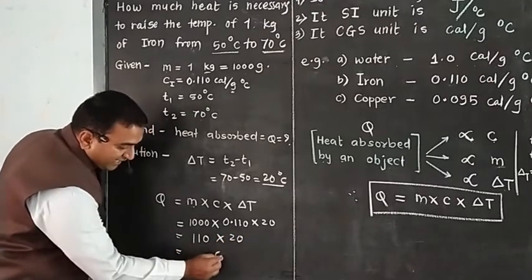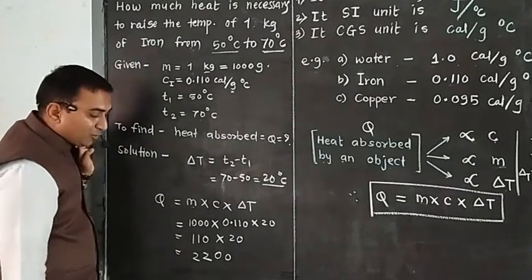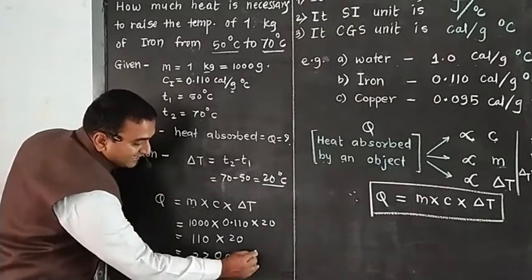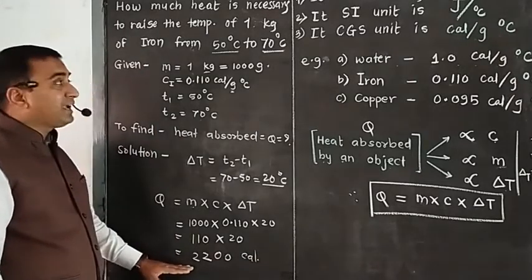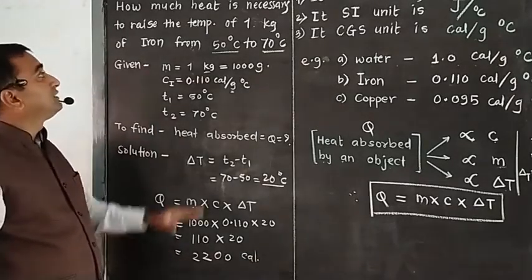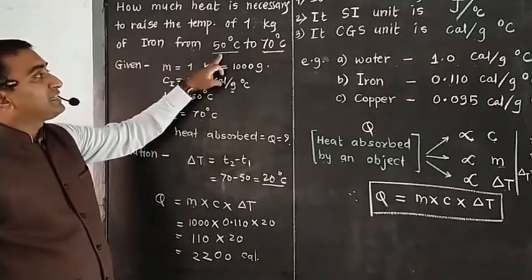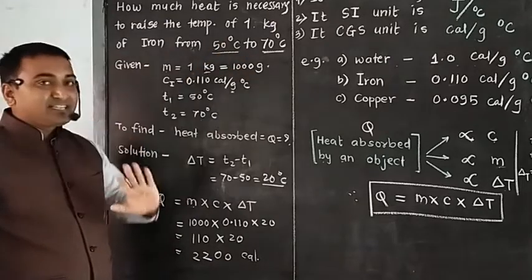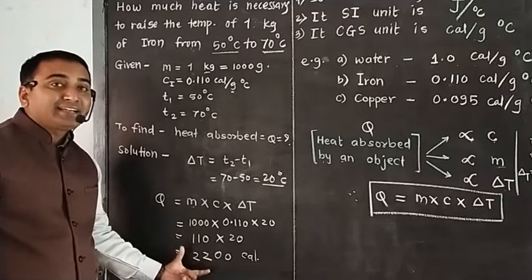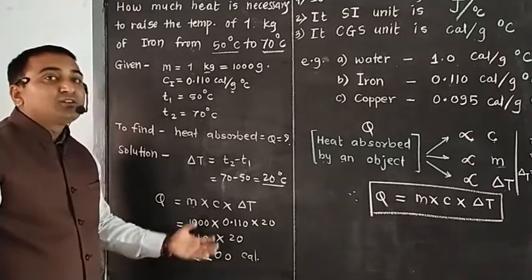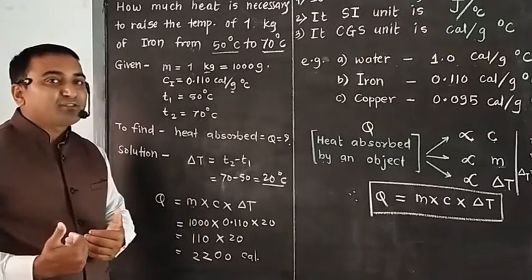And finally we reach 2200 calories. This is the heat required to raise the temperature of that 1 kg of iron from 50 degrees Celsius to 70 degrees Celsius. So the final answer: 2200 calories of heat it will absorb to reach 70 degrees Celsius from 50 degrees Celsius.